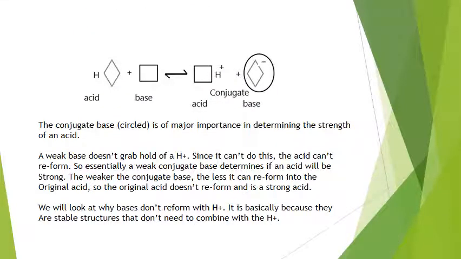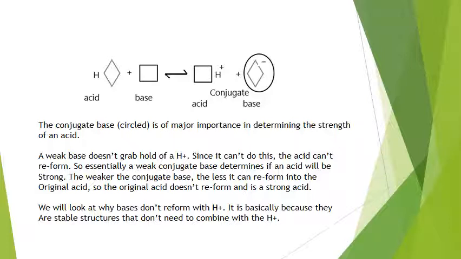I have a kind of cartoonish thing here with shapes. You have the acid, H with the diamond, added to this base, which is just a square, and it undergoes the acid-base reaction. The H plus comes off the acid and joins with the square, so now it's the conjugate acid, and the diamond has been left with the electron that the hydrogen left.